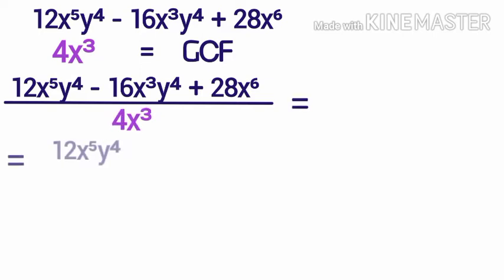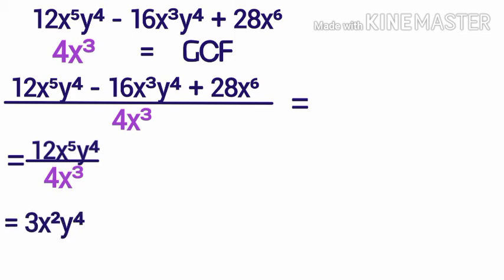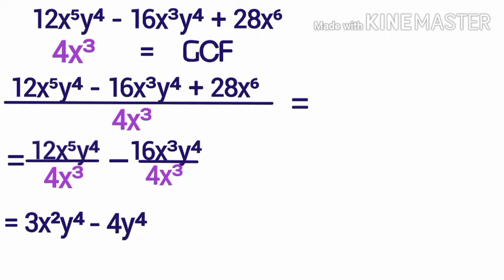So 12x to the fifth power, y to the fourth power divided by 4x cubed will give you 3x squared y to the fourth power. Then negative 16x cubed y to the fourth power divided by 4x cubed will give you negative 4y to the fourth power.